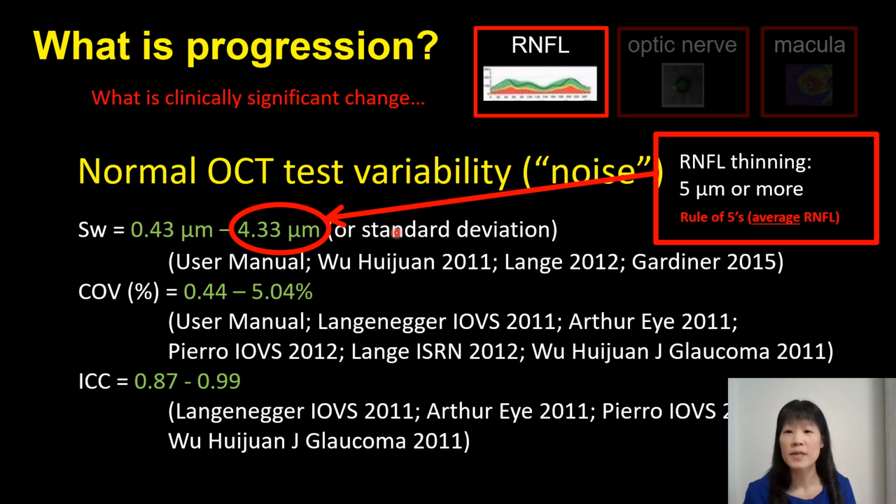So if the normal testing noise is 4 microns, meaning if you test your patient 3 times on the same day, you can get measurements that are within 4 microns of each other. That's just measurement noise. However, the rule of fives tells us if you have a change of 5 microns or more, that's probably not testing noise. That's probably not test-retest variability. That could more likely be real glaucoma disease progression.